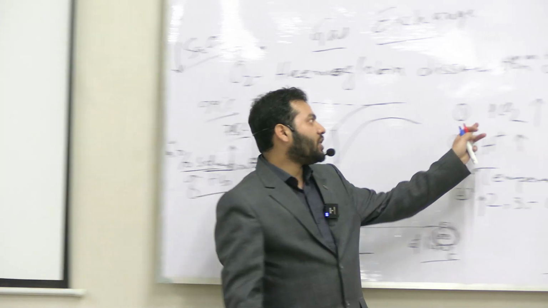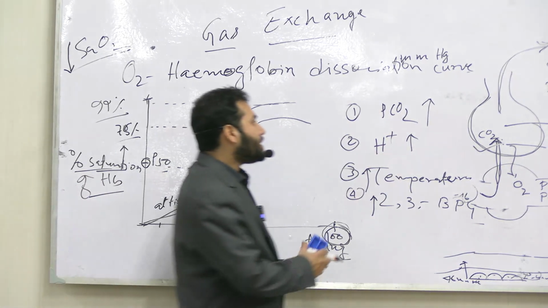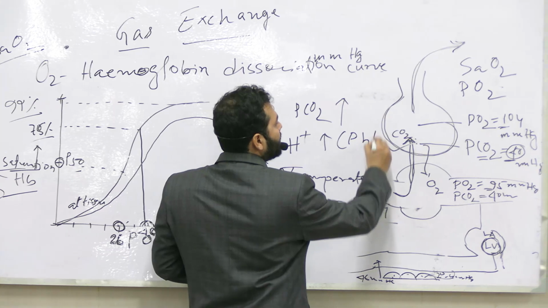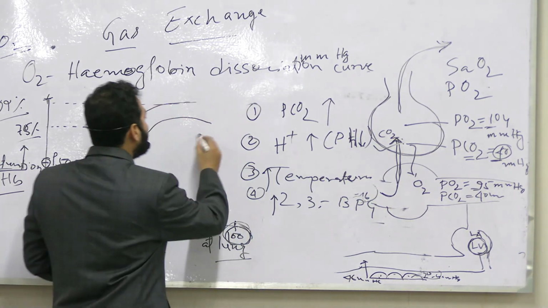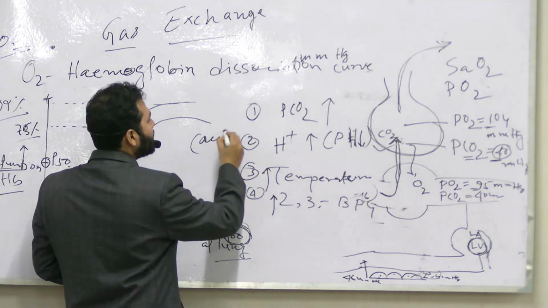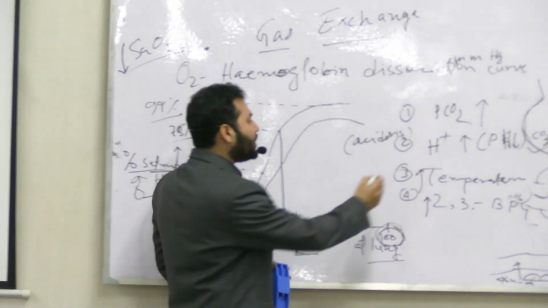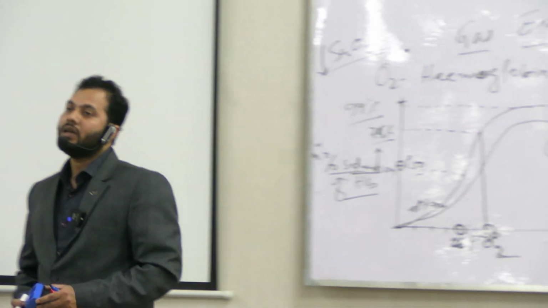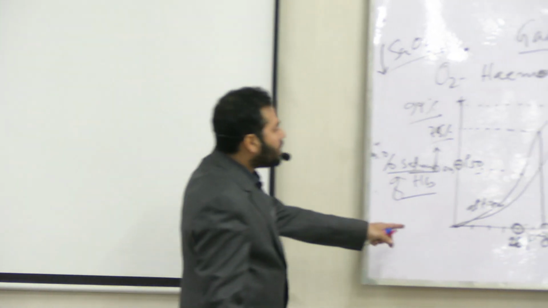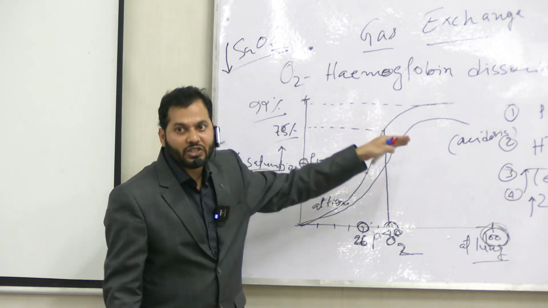If there is an increase in partial pressure of carbon dioxide, H plus ion, that is a decrease in the pH, also known as acidosis, and an increase in temperature and increase in 2,3 BPG level, it alters the normal sigmoid shape. It shifts towards the right side.